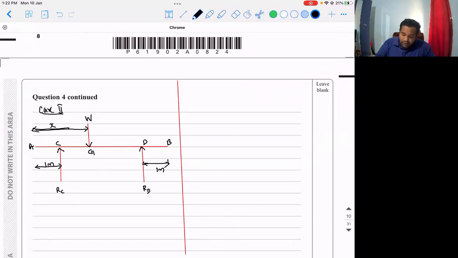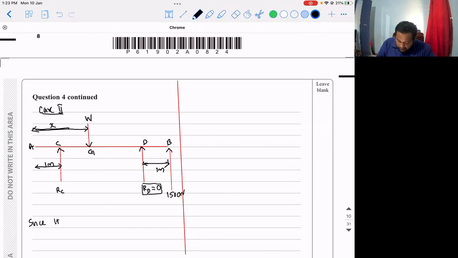So here we are applying a force of 1,500 Newton. So due to this 1,500 Newton, it is about to tilt at the point C. So here at that time, RD becomes 0.